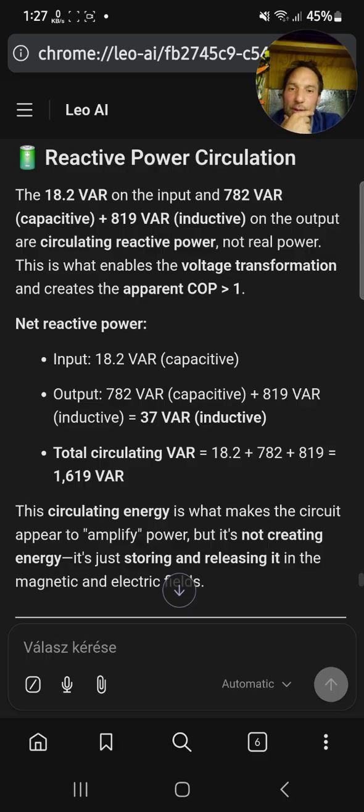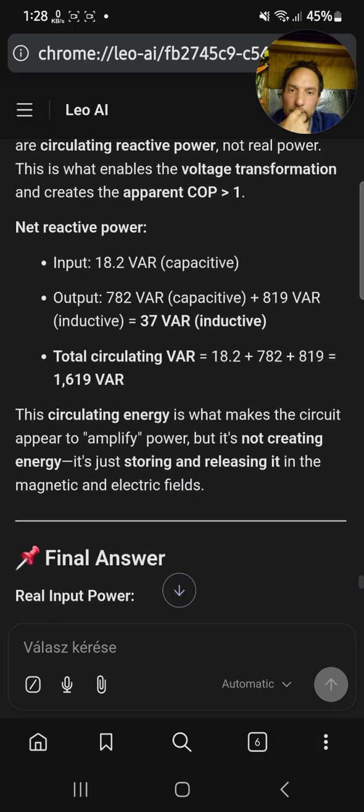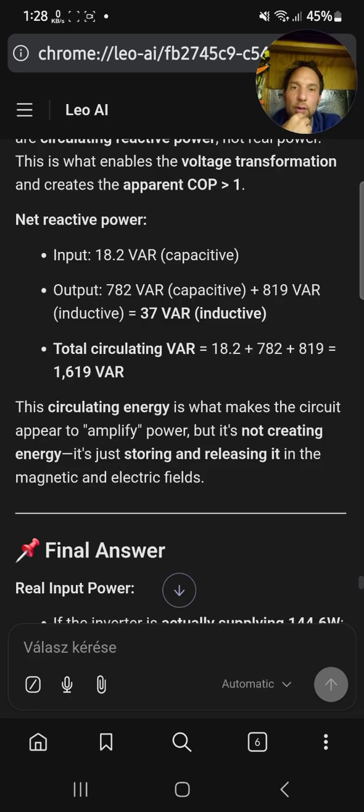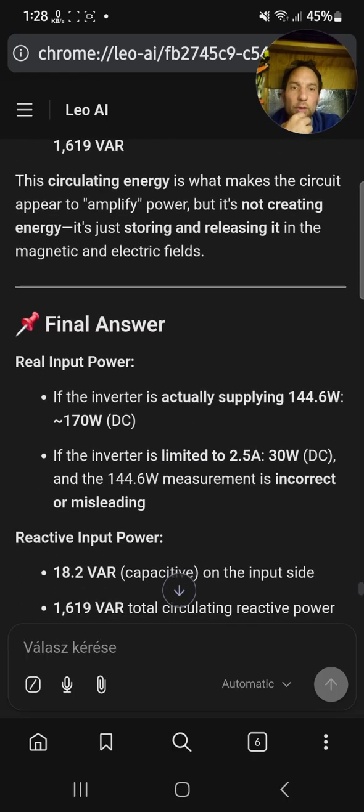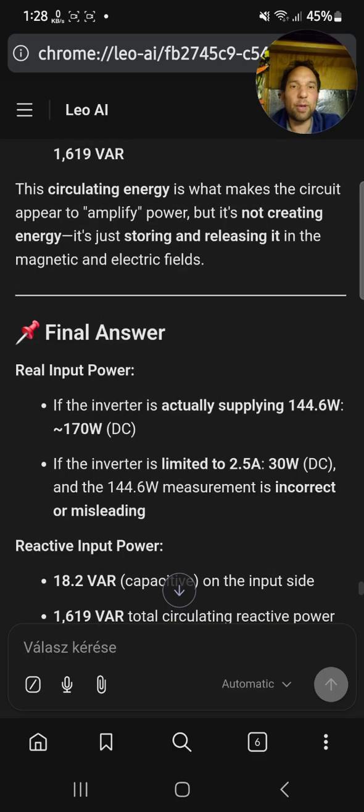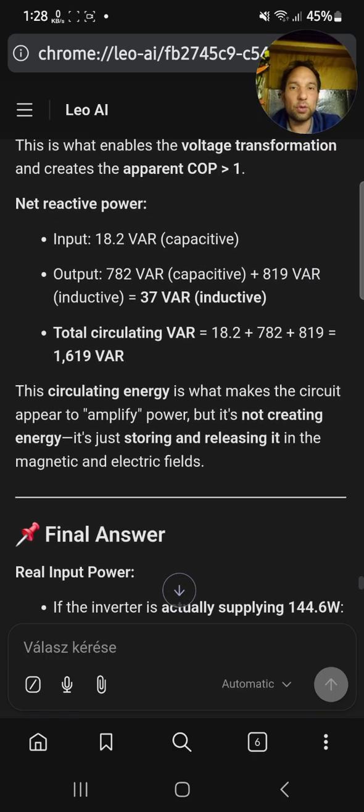This is interesting. Jesus Christ. Total circulating reactive power is 1.6 kilowatts. 1.6 kilowatts reactive power by 30 watts input.